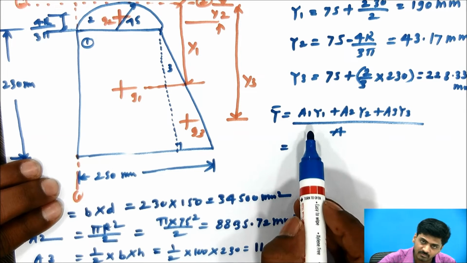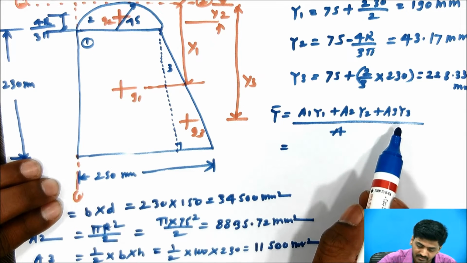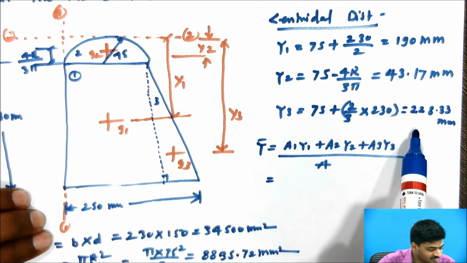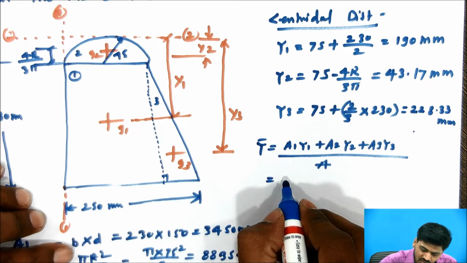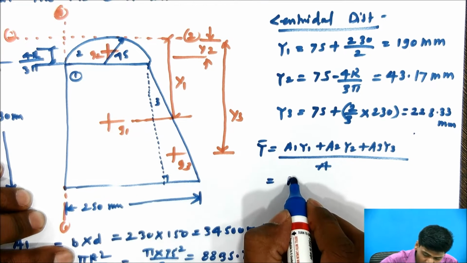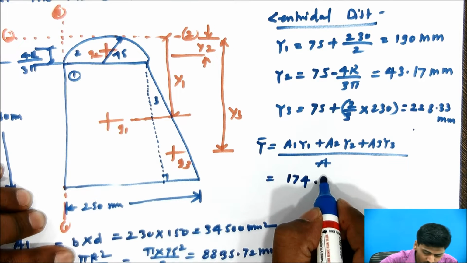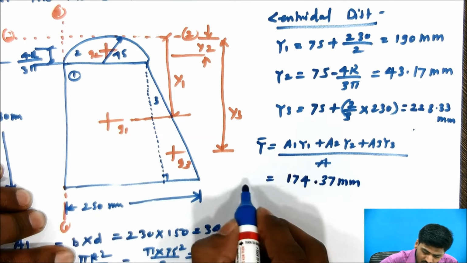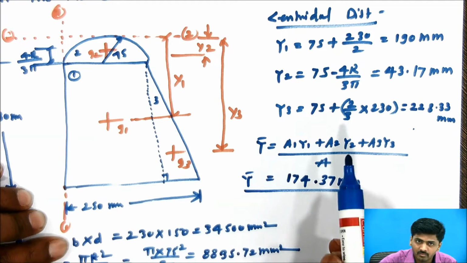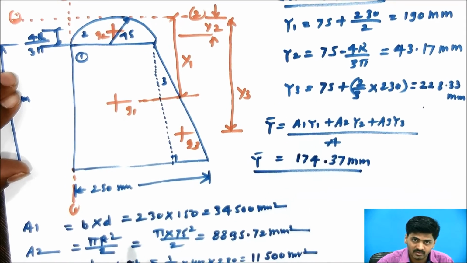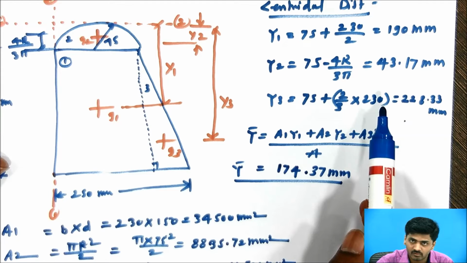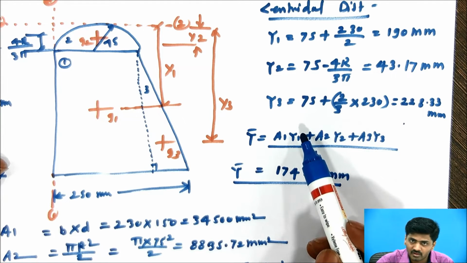If I put the values of A1, A2, A3, and simultaneously the values of Y1, Y2, Y3, you will get the Y bar from top. The Y bar from top is 174.37 mm. I request all of you, you may put the values in this particular formula, because we know the value of all the areas, we know the value of all the centroidal distances. Put the values and you may identify.